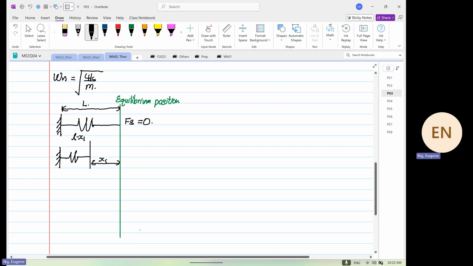In order for that to happen, we have to compress the spring. So Fs is also equal to what? Negative now. Negative because we are inducing compression.